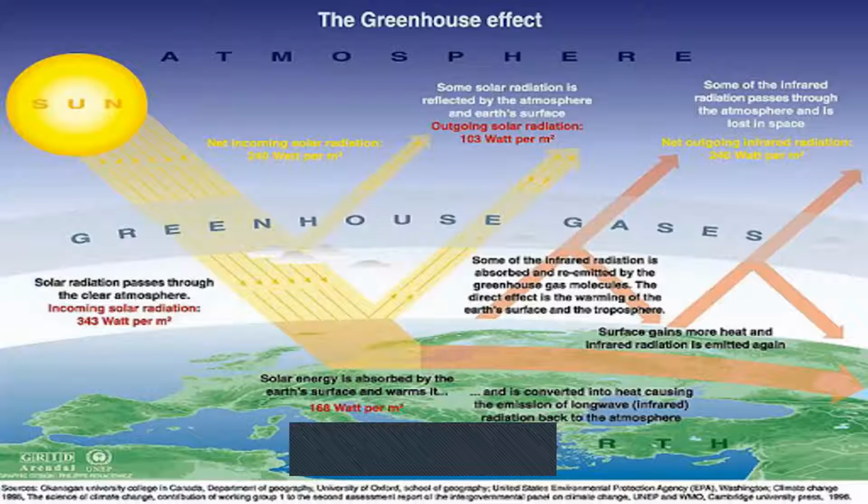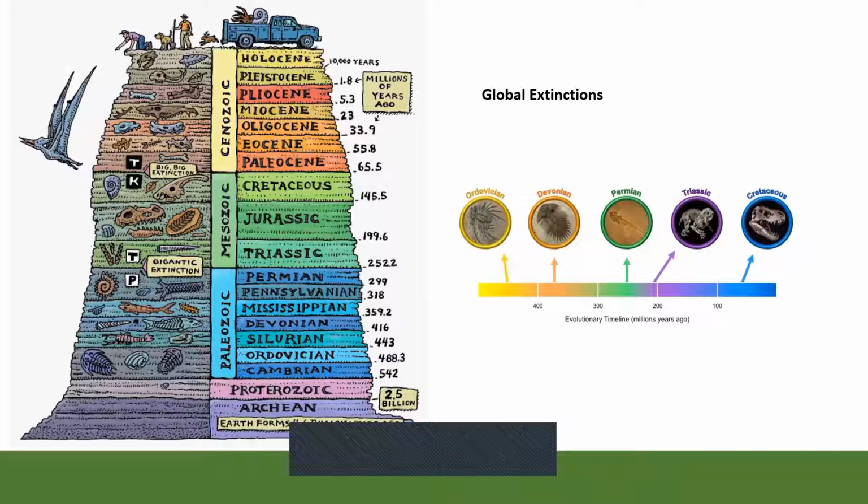It is really important for creating livable conditions here on Earth for us. So we want the greenhouse effect. What we don't want is the extra CO2 and greenhouse gas emissions we're releasing into the atmosphere, which are creating more and more blankets over our Earth that retain more heat.